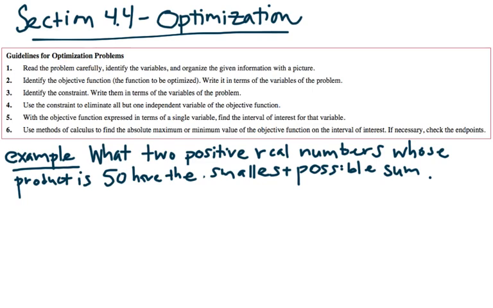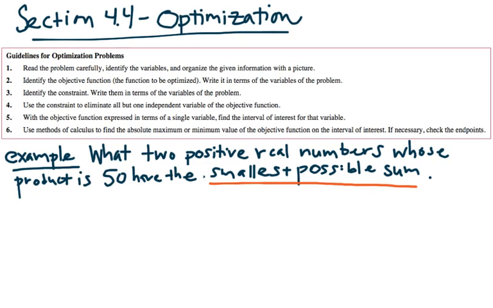For example, in this problem, we are trying to find the smallest possible sum. So our key word of what to optimize is smallest, which means we're going to be minimizing, and possible sum. So we're going to be adding 2 things together and we want the smallest sum.